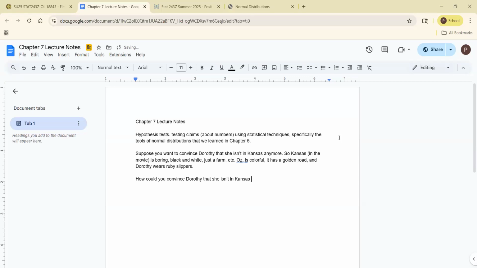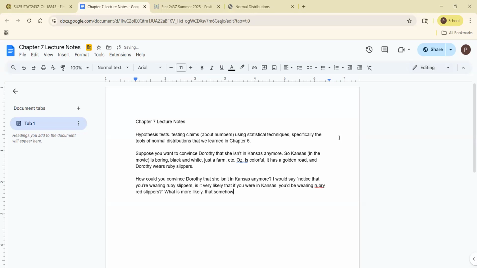Well, I would say, notice that you're wearing ruby slippers. Is it very likely that if you were in Kansas, you'd be wearing ruby red slippers? What is more likely?